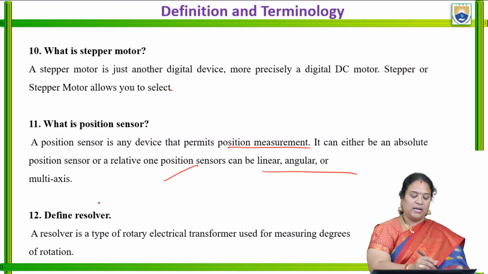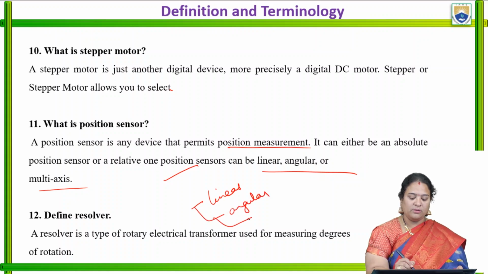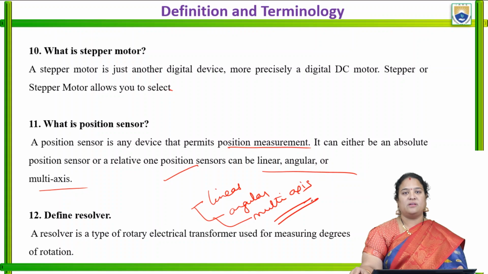multi-axis. The position sensor can be a linear, angular or multi-axis type of position sensor. Right? A position sensor is a device which is used to permit the position measurement.